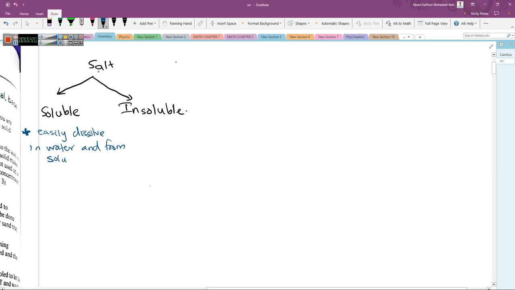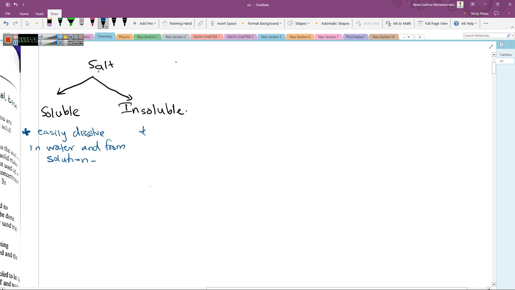If you take salt from the kitchen and dissolve it in water, you cannot observe any solid particles. The entire salt will dissolve until it reaches saturated state. So, solution. And what are insoluble salts? They cannot dissolve in water significantly.